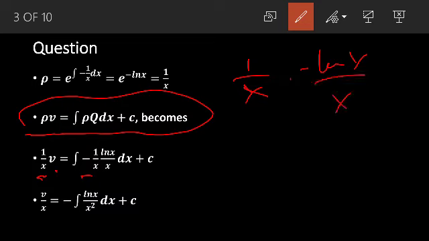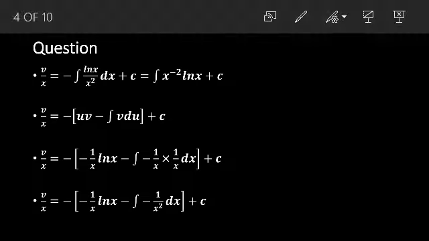If we multiply that, x times x gives us x squared, then your minus can come outside the integral sign. To continue further, we have v over x equal to minus the integral of ln x over x squared dx plus c. And ln x over x squared is the same thing as x to power minus 2 ln x, plus c.